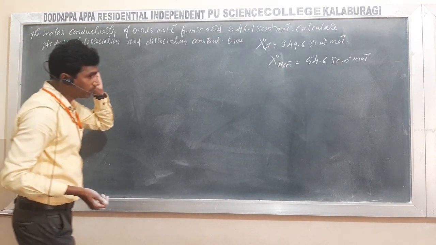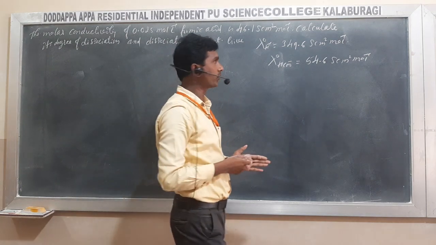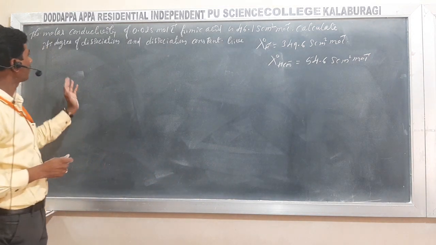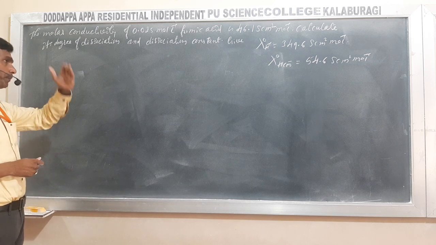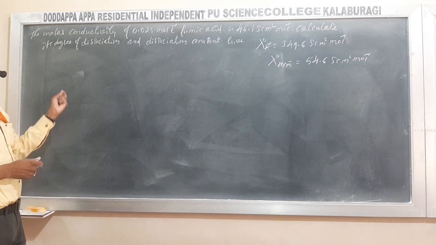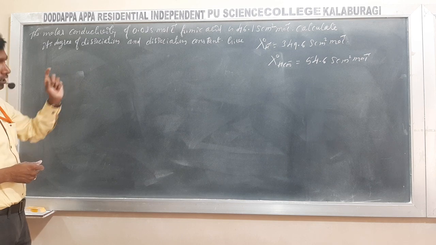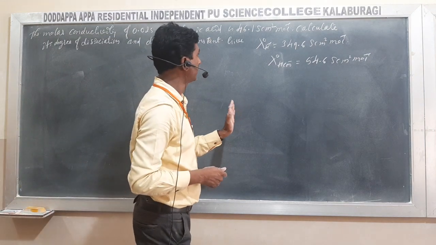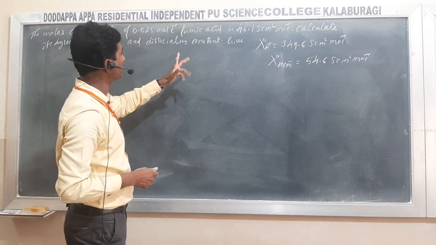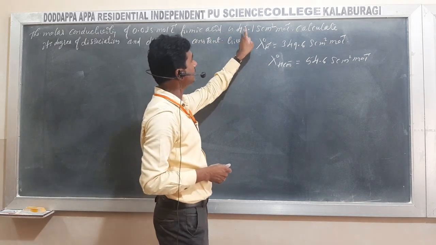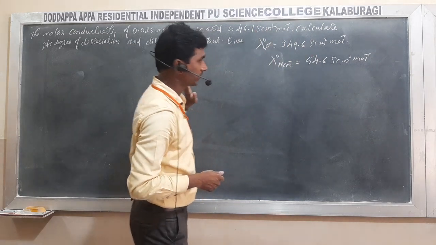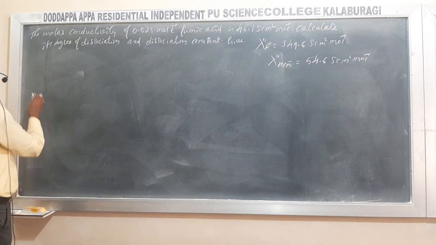Like the previous problem, this problem is also the same: calculate the dissociation constant. In the previous problem, molar conductance was not given, but limiting molar conductivity was given. But in this problem, it is reversed. Here molar conductance is given, but the limiting molar conductivity you have to calculate. So now the solution.